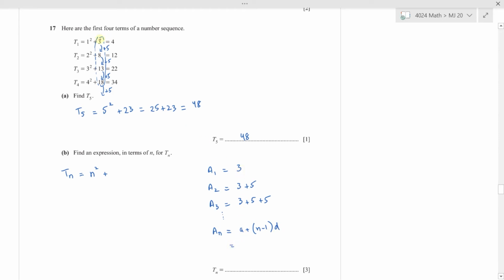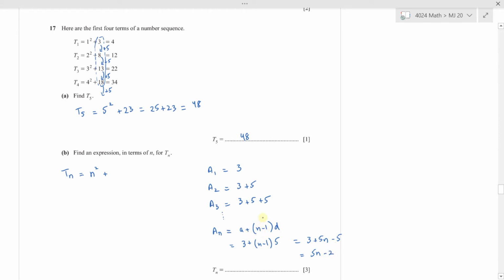Your first term is 3, plus n minus 1 into d, and the difference is 5. If I open this bracket, I will get 3 plus 5n minus 5. So this will be 5n minus 5 plus 3, which is 5n minus 2.